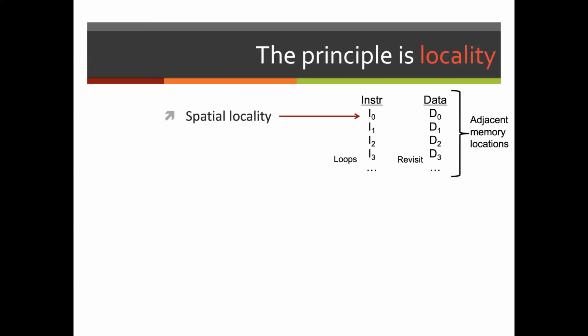In this case, we want to focus on the principle of locality with regards to the instructions as well as the data. And we want to consider spatial locality, and this is going to be the probability of the program needing to access adjacent memory locations.